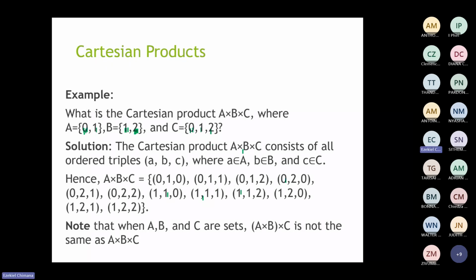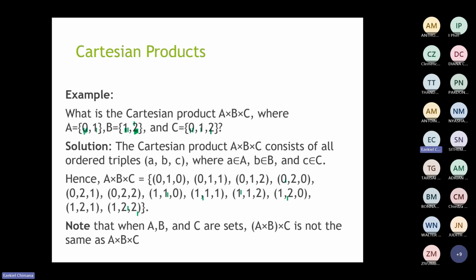And then after that, if you finish that, what you have to do now is to go for this 2. So you have to match this 1 with this 2 with everything here. So that's why you've got a 1, 2, 0 here, then a 1, 2, 1, and then a 1, 2, 2 here. So that's how you do a cross product.